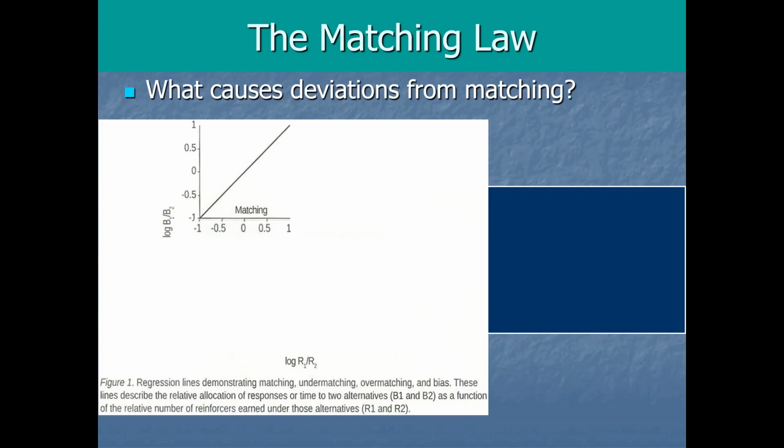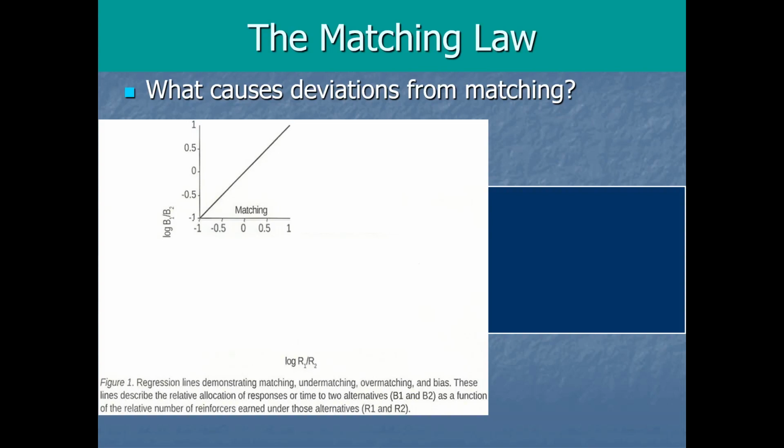The graph here in the upper left is a regression line showing the relationship between the relative rate of behavior, with a B, along the y-axis, and the relative rate of reinforcement, with an R for how many reinforcers you get, on the x-axis. The relative rate of reinforcers is how many you got on option 1 divided by how many you got on option 2. That's just a ratio.